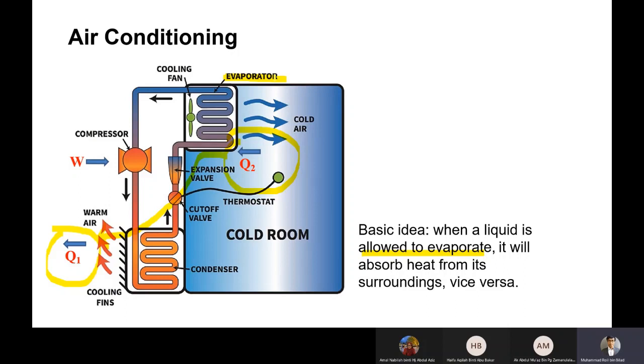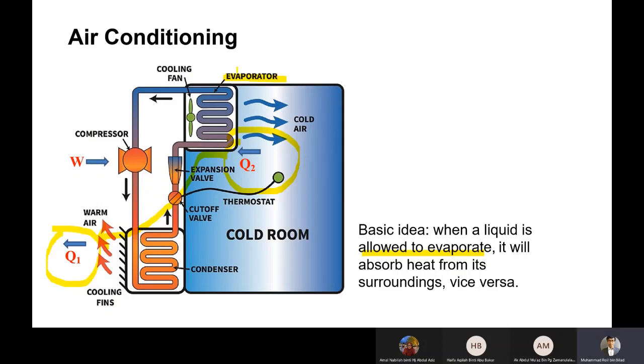The aircon box mainly consists of an evaporator. Inside the evaporator you have a refrigerant, the liquid is called refrigerant. The refrigerant evaporates, changing from liquid to vapor, and when it changes from liquid to vapor, it absorbs heat.